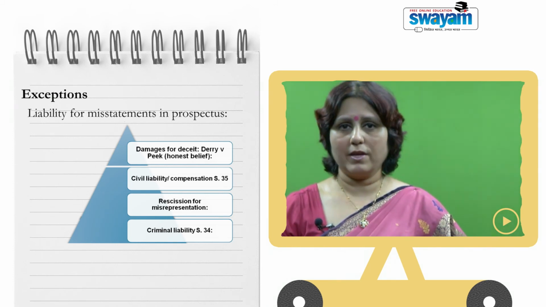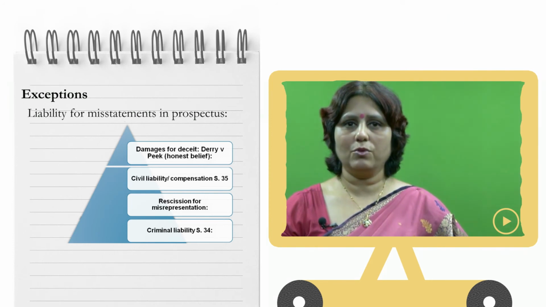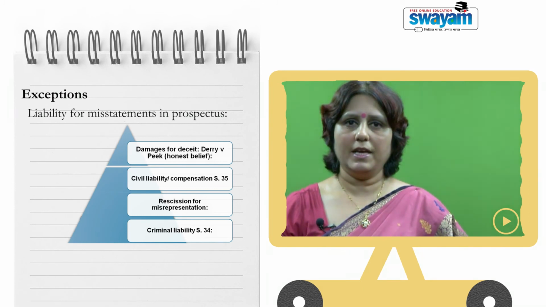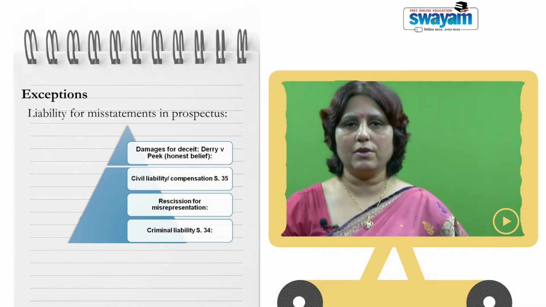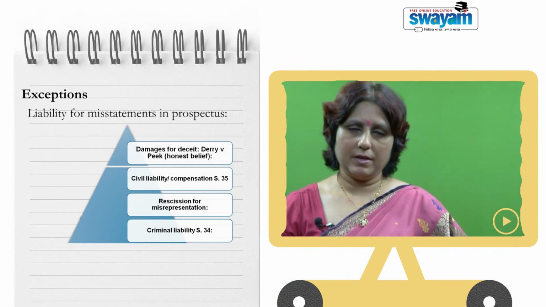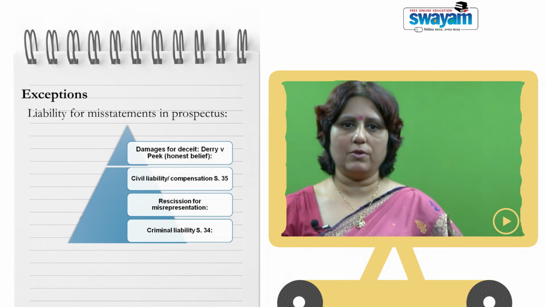Or he can give as a defense that he was not a director of the company, and when he came to know that his name had been put up as a director in the prospectus, he gave a public notice of this. So these are a few defenses available to persons who are held criminally liable under this particular section.